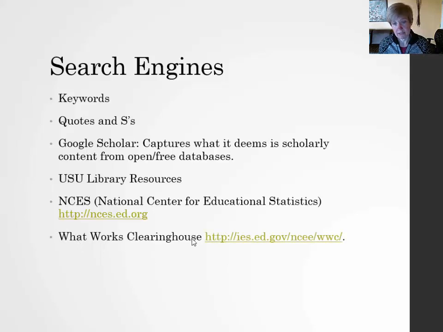They also on this site house the What Works Clearinghouse. When I taught this course a few years ago, it was when I was first exposed to this particular website. And we'll take a quick look at it. What I liked about it is that they not only have some of the more current research, but when you look at their website, they have it critiqued. They critique what was good or bad or how valid they felt the research was. It gives you some indication, as a novice or even a person who's just searching, is this obvious in this study that I didn't have a good sampling or a good population?